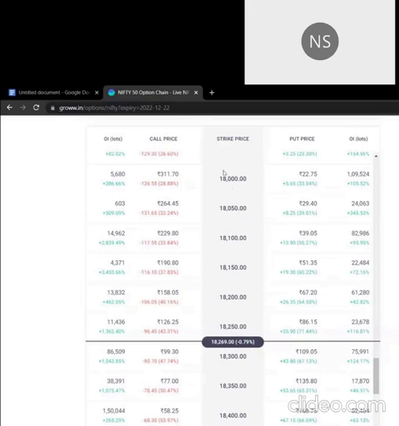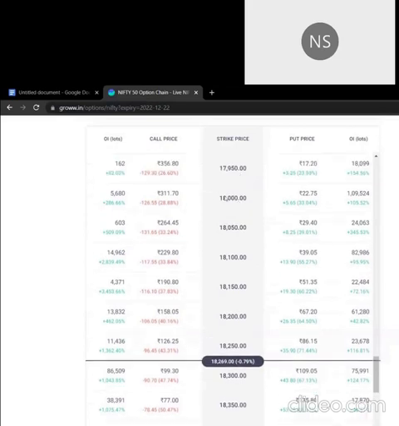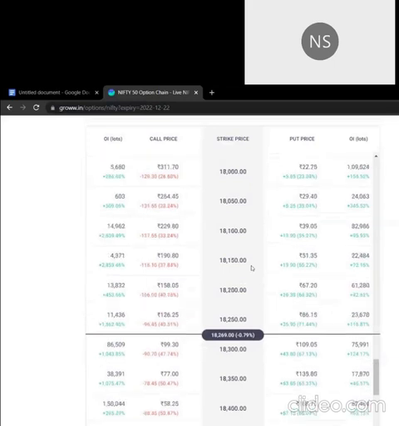That doesn't really happen. It may happen, I am not saying that it won't happen, but that doesn't really happen. So basically, the value of this option goes down to very close to 0 rupees. And similarly, the value of all these options goes down. So that is what basically is options price decay.